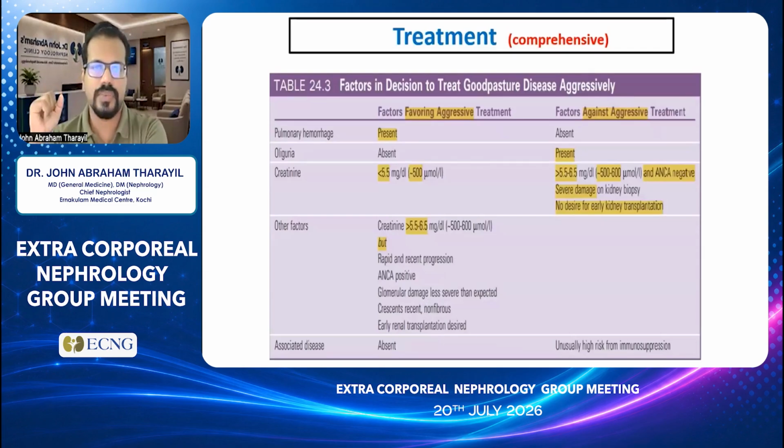Now, factors favoring aggressive treatment are when the patient has pulmonary hemorrhage, good urine output, serum creatinine less than 5.5 milligram per deciliter, or even if the creatinine is more than 5.5, but the patient has rapid recent progression with ANCA positivity, less severe glomerular damage, recent crescents with only cellular crescents, and if early transplantation is desired by the patient, then you have to go aggressively.